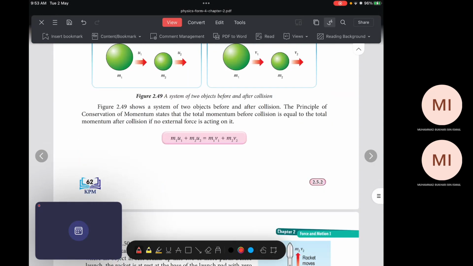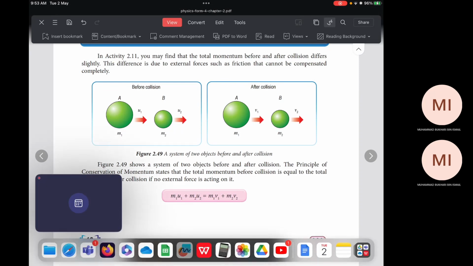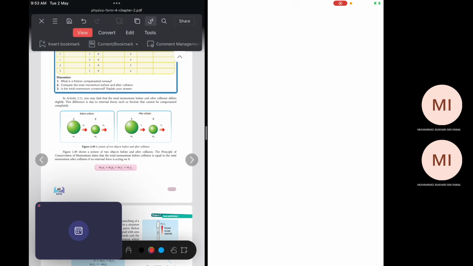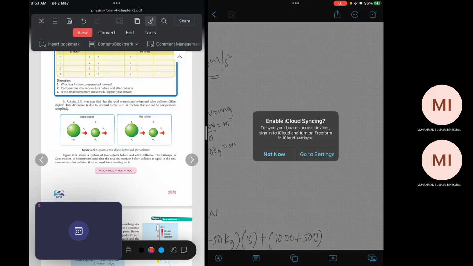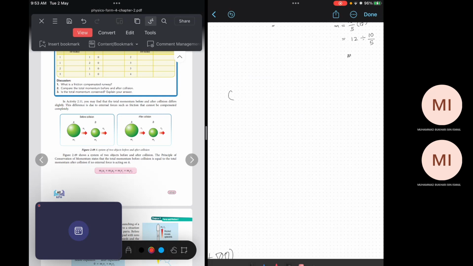Okay, sekarang ni kita tengok ni. Sekarang ni kita ada collision.